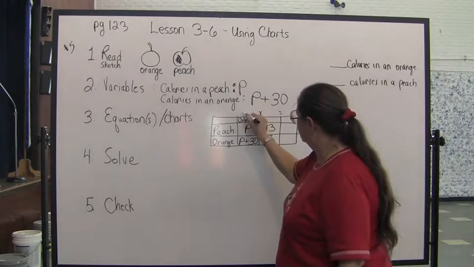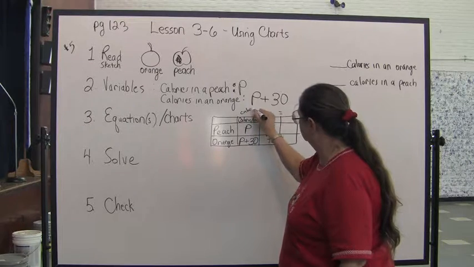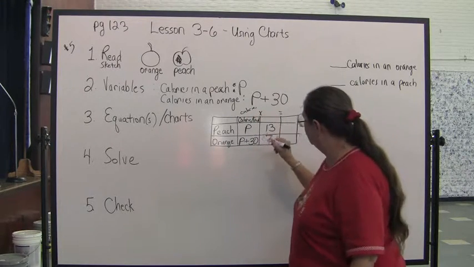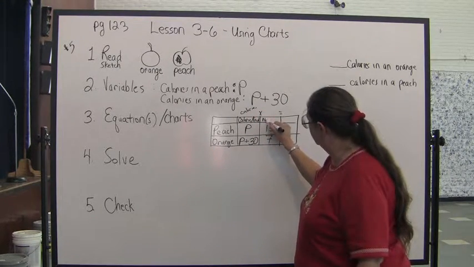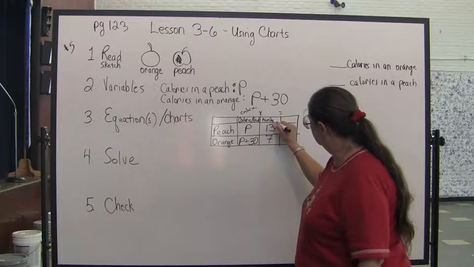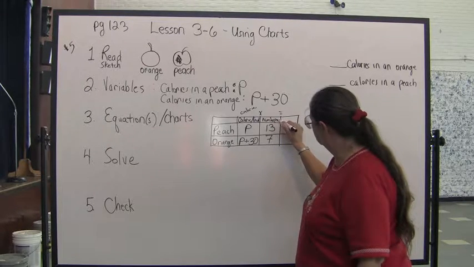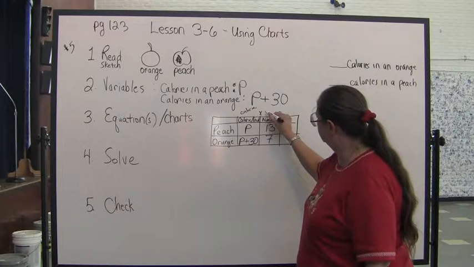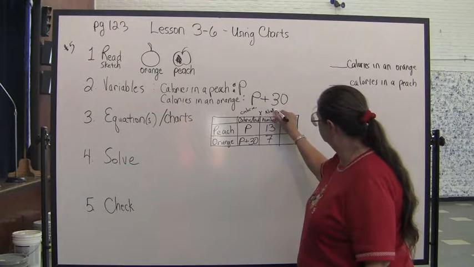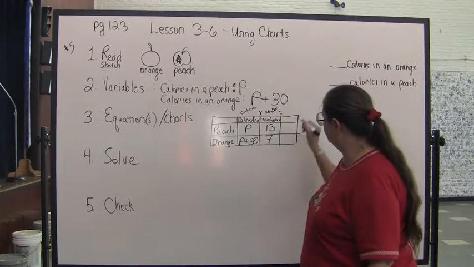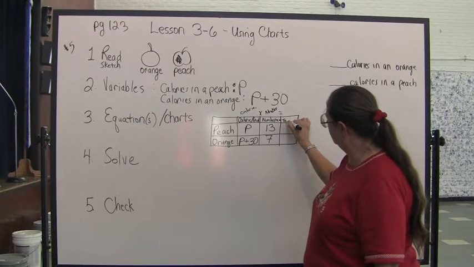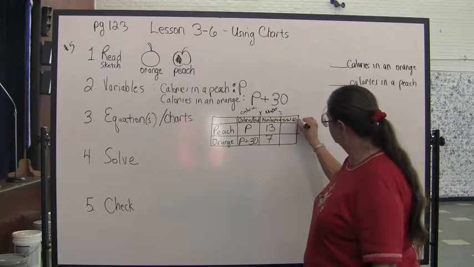So this is calories per fruit. This is number of pieces of fruit, and this is going to be total calories.